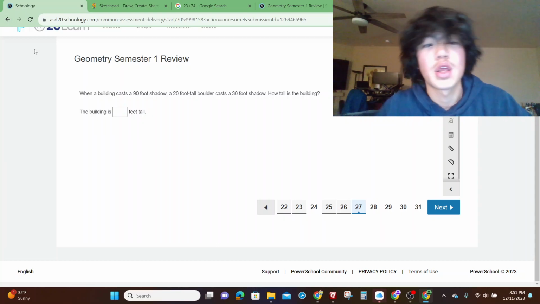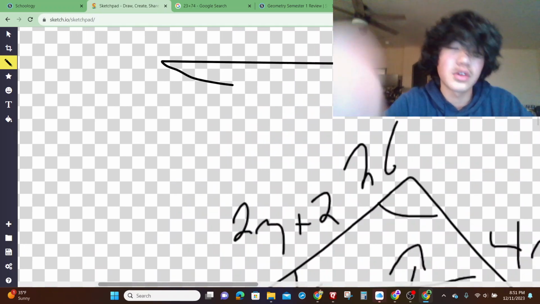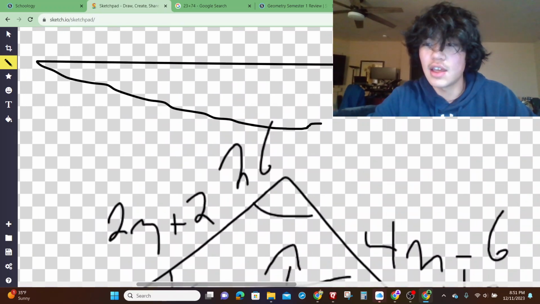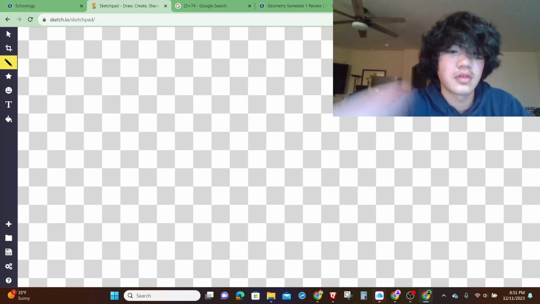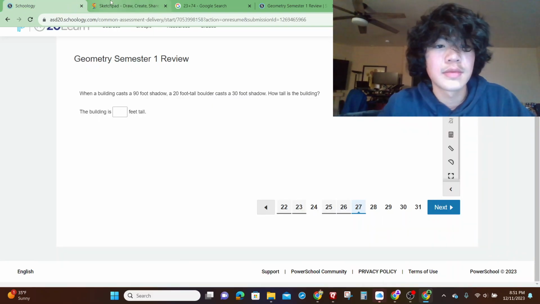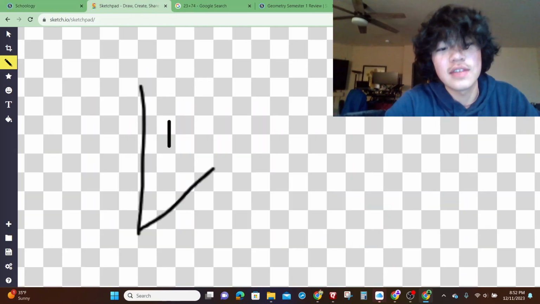Okay. We have to draw a picture with this one. Very good picture to help us with the problem. What the heck is wrong with this? Alrighty, so there's a building that casts a 90-foot shadow.